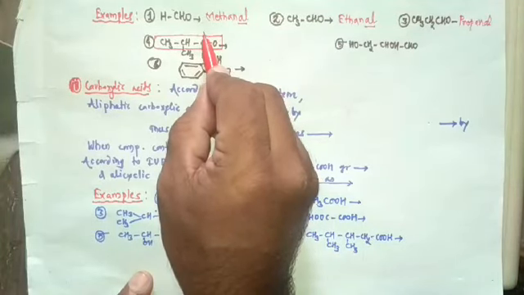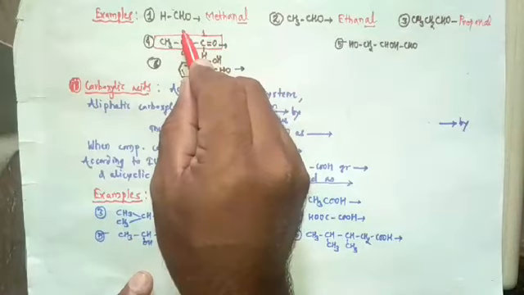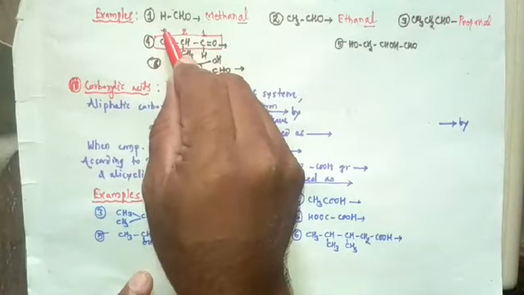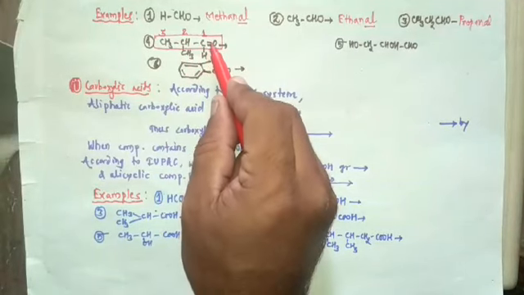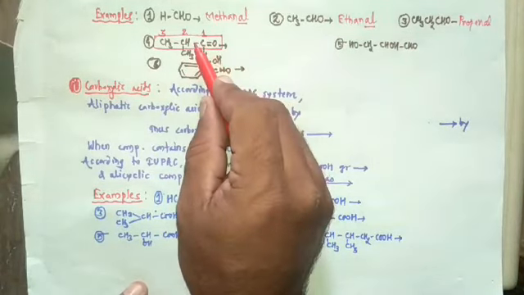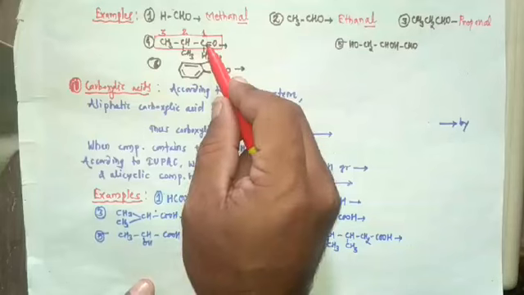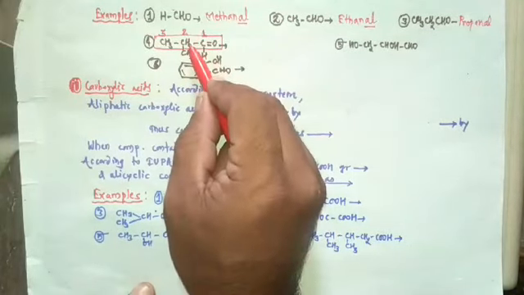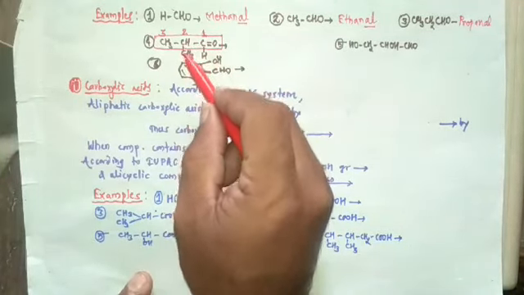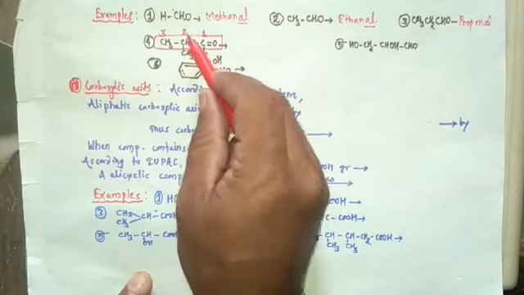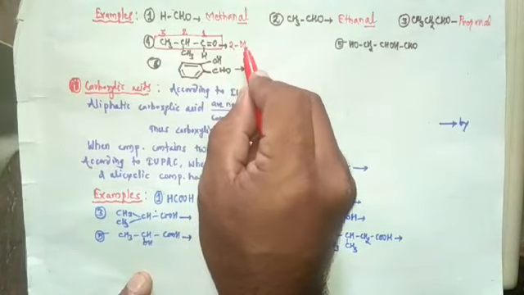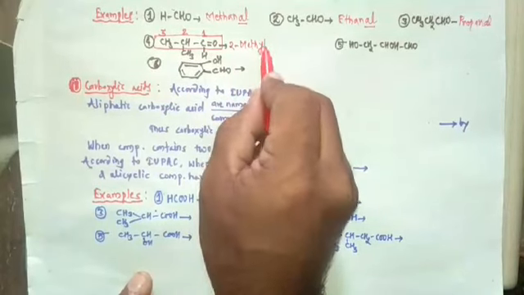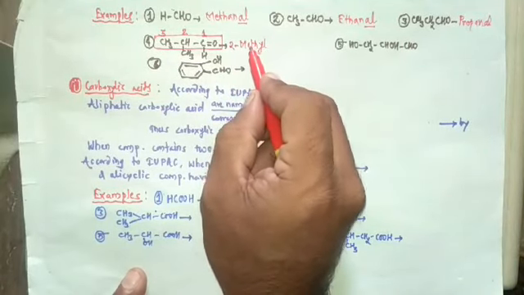The carbonyl carbon is numbered 1, the next one is 2, and the next one is 3. On the second carbon atom a methyl group is present, so the position is 2 and we write 2-methyl.